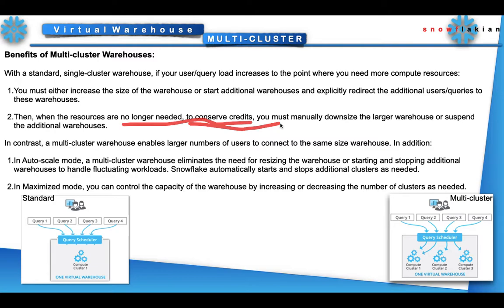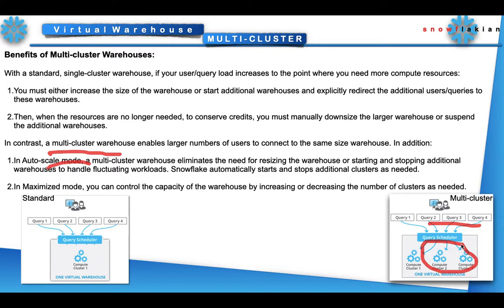Okay. So coming to the multi-cluster warehouse, this is completely handled automatically with auto scale mode. In auto scale mode, as we have discussed earlier, if there is an additional load coming in, the new clusters will be spun up automatically.